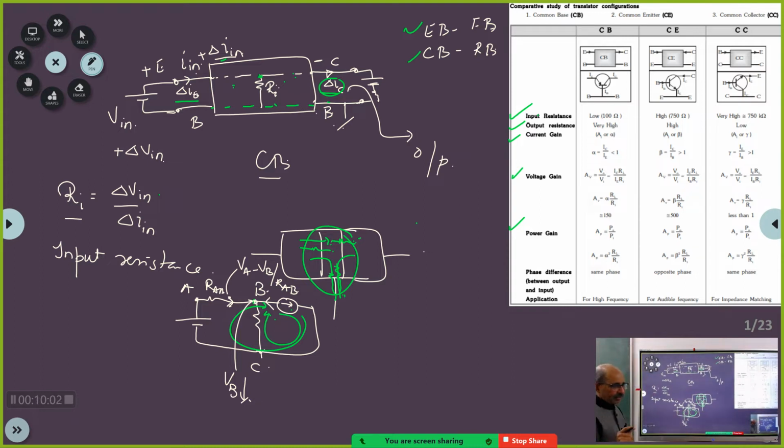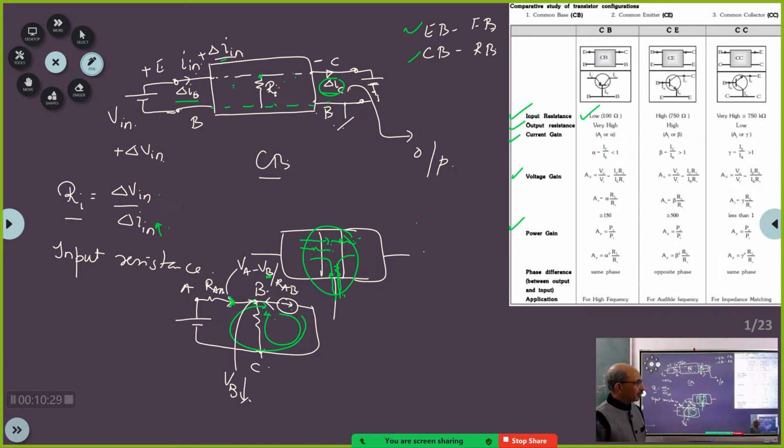So if this voltage reduces, then this current will increase. For the same reason, this current increases means Ri will be small. That is why in this configuration you will have input resistance low.